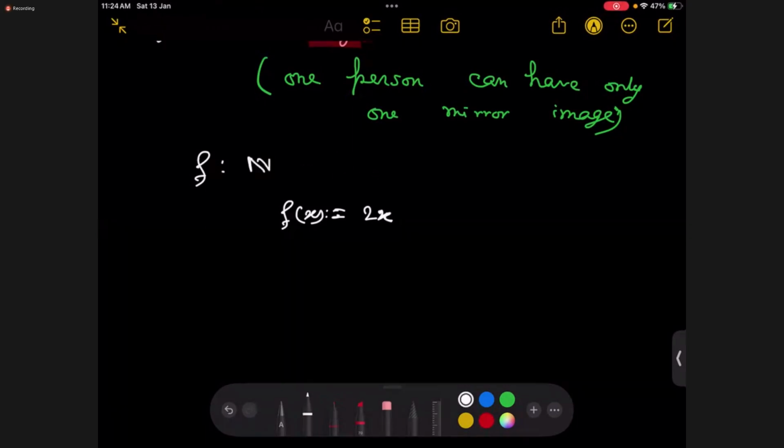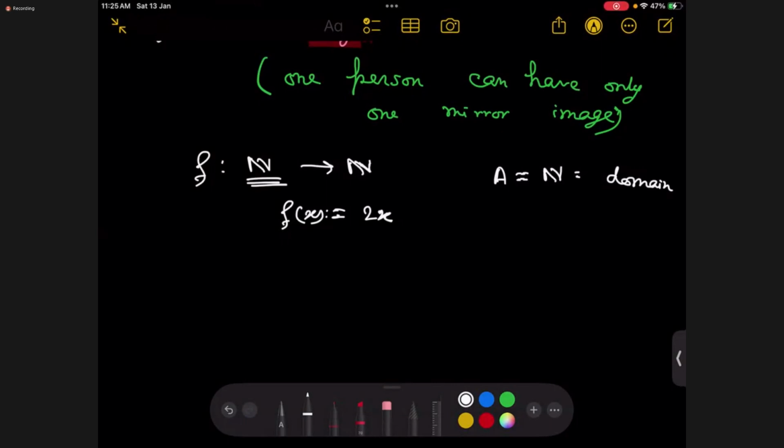If it is from natural numbers to natural numbers, it will be more convenient. In the case of real numbers, it is difficult to see every element. So in this case, what is our A? A is nothing but the natural numbers, and this is the domain. In the case of a function, the domain must be the whole set. It cannot be a subset of N. Wherever we define the function, the whole domain will be considered as A. So A equals N.